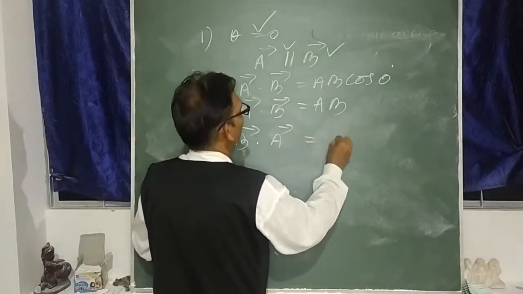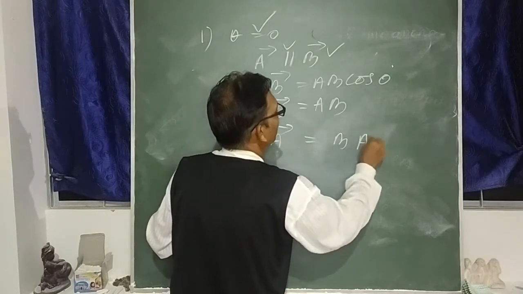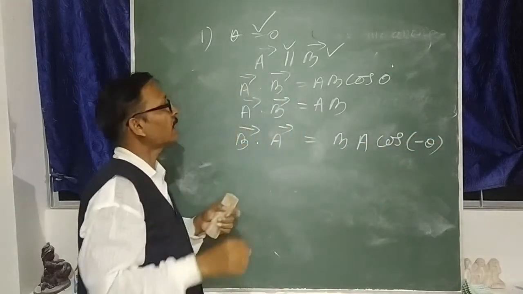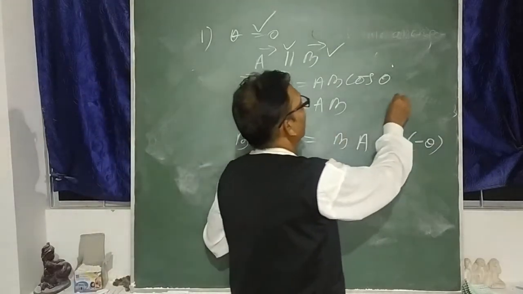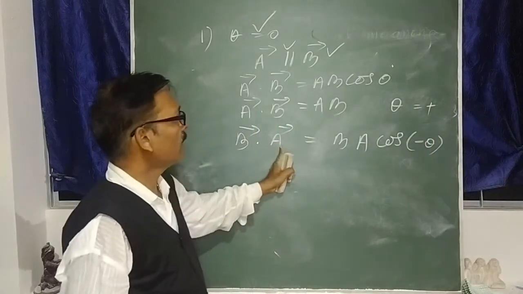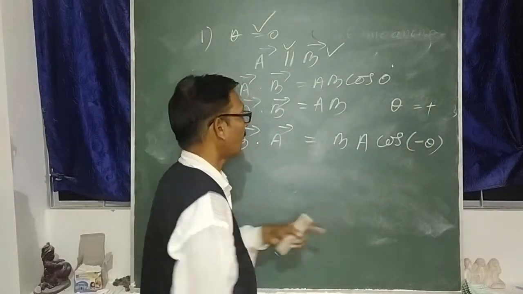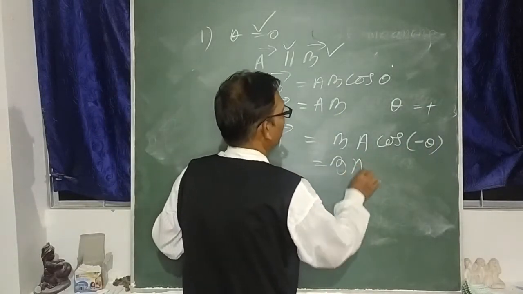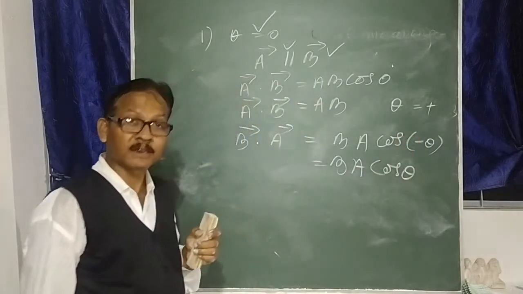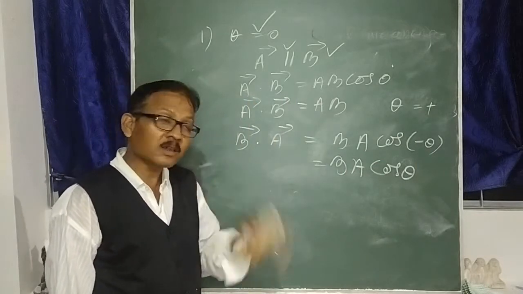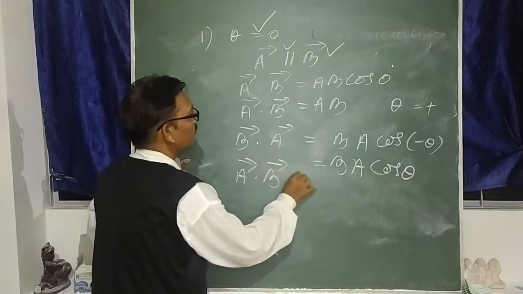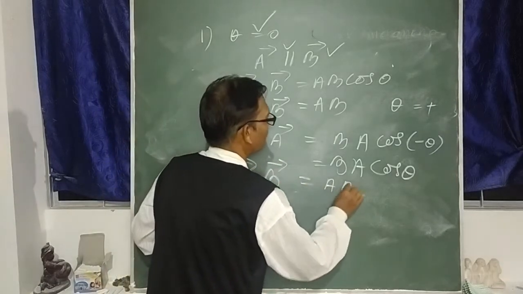B dot A is equal to B vector, A vector, cos of the angle in the negative direction. If you take theta in the positive direction, B dot A is again with minus theta. So this is equal to BA cos theta. So cos minus theta is equal to cos theta. A dot B is equal to positive AB cos theta.